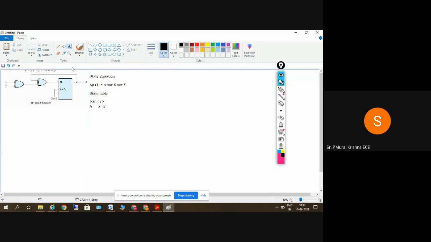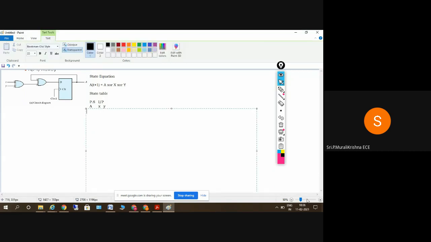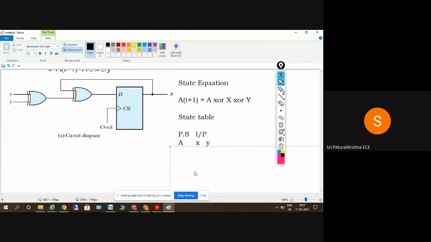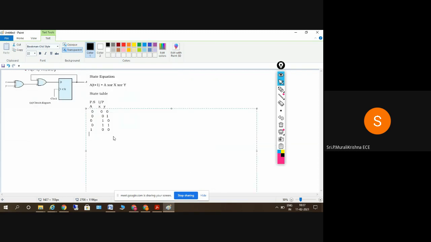When it is a three-variable combination, we have to write all the possible combinations like 0 0 0, 0 0 1, 0 1 0, 0 1 1, 1 0 0, 1 0 1, 1 1 0, 1 1 1.